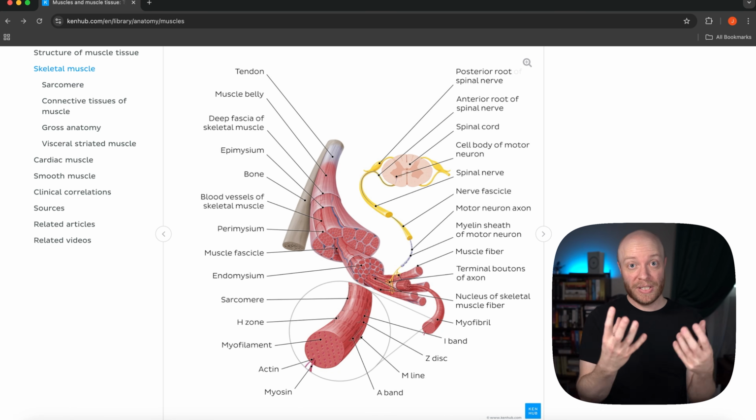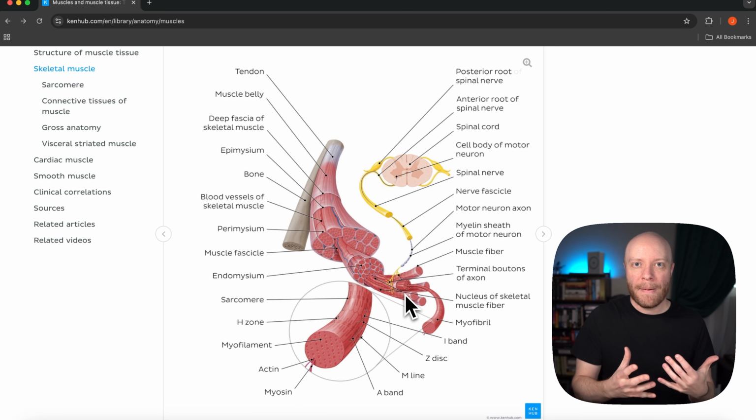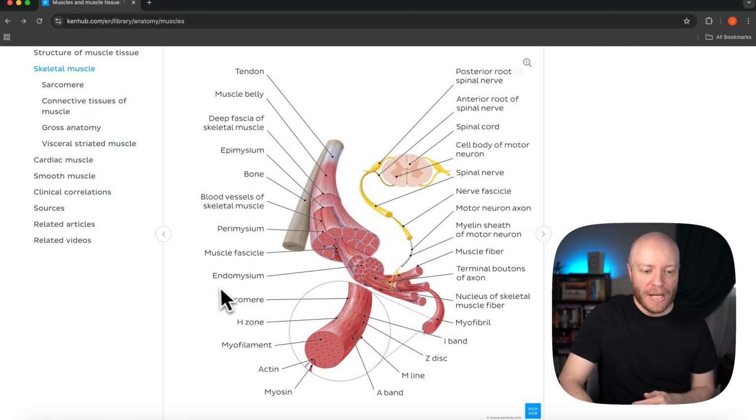You also need to be able to deliver blood vessels down deeper into here, because remember those blood vessels that were deep to that epimysium are going to start getting smaller, providing little tiny offshoots, capillaries, towards these individual muscle cells. And so you need something that's loosely arranged so that the blood vessel can get where it needs to go. Just understand, every single individual muscle cell is wrapped in a connective tissue layer that we call endomysium.